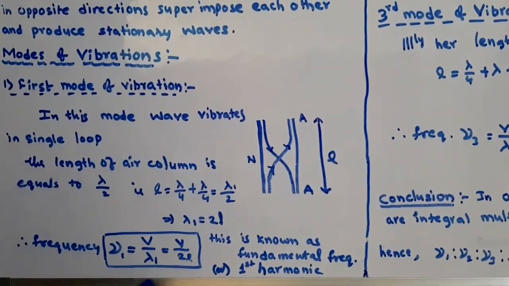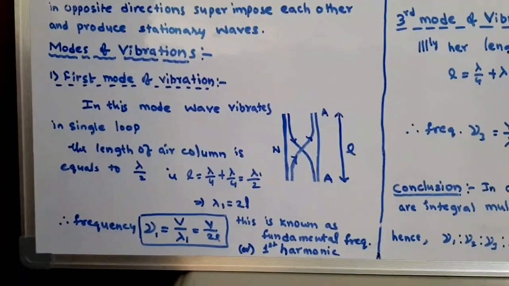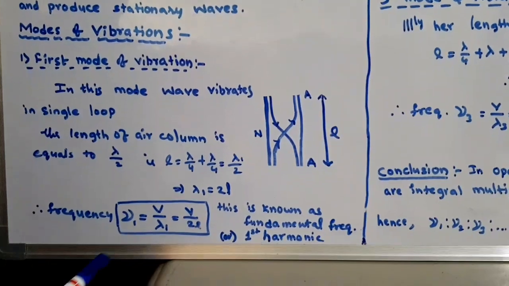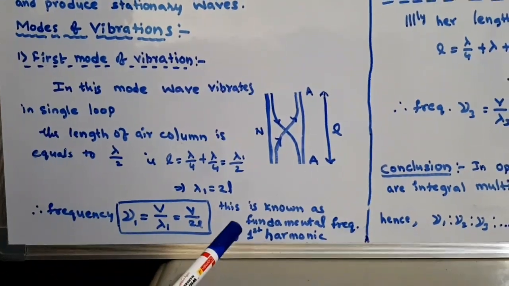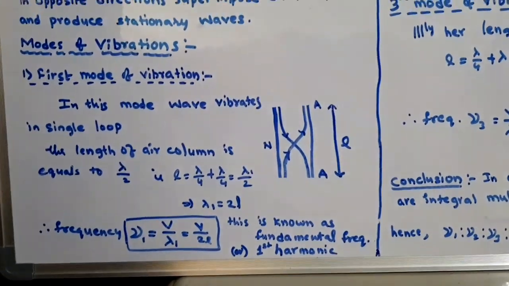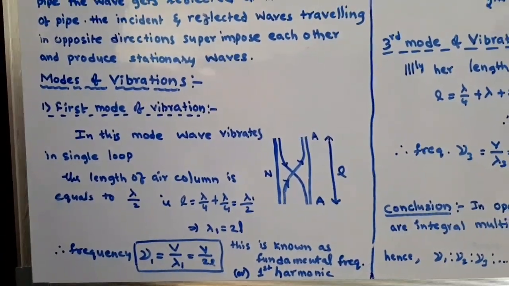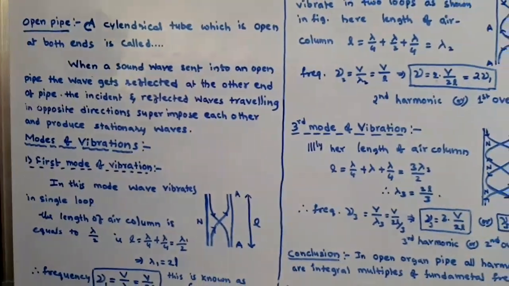This frequency is known as the fundamental frequency or first harmonic. So the frequency of the first mode of vibration is named the fundamental frequency or first harmonic. Understand, students? Let me go to the second mode of vibration, then you can understand easily.